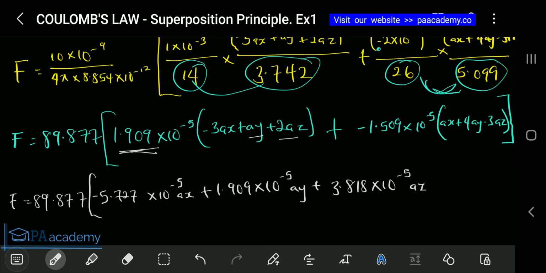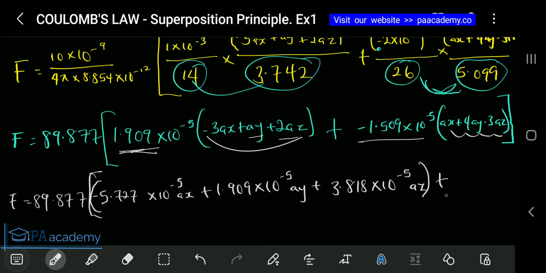Very good. So we've used this to multiply everything inside this bracket. So let me just put this in brackets. We still have the square brackets also there. Then plus, I'll use minus 1.509 times 10 raised to the power minus 5 to multiply everything that is inside this bracket, exactly because they are together.